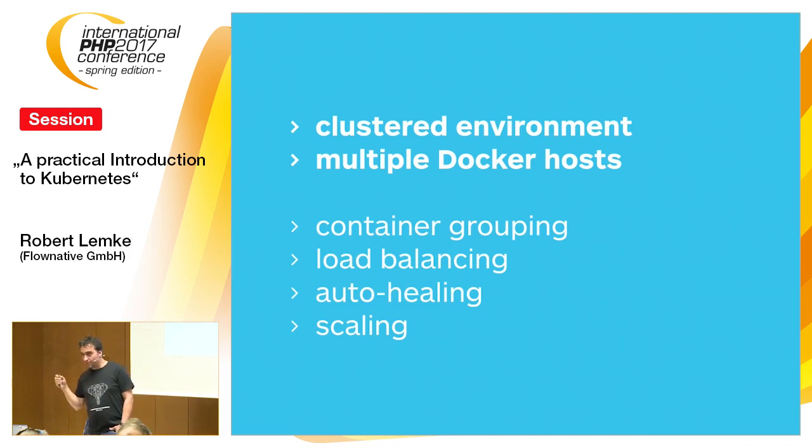Okay. Besides this orchestration functionality, Kubernetes also does a few more things which are really nice, and that is way not a complete list, of course. It groups your containers. Probably you know that from Docker Compose, where you group containers into one thing. That group is called a pod in Kubernetes.